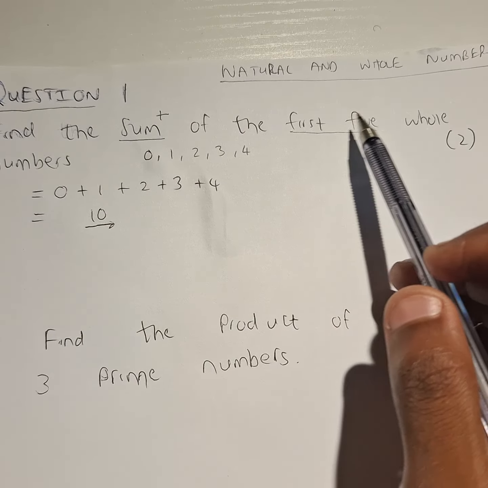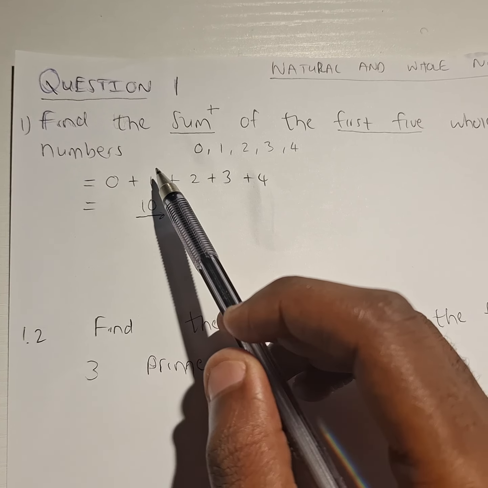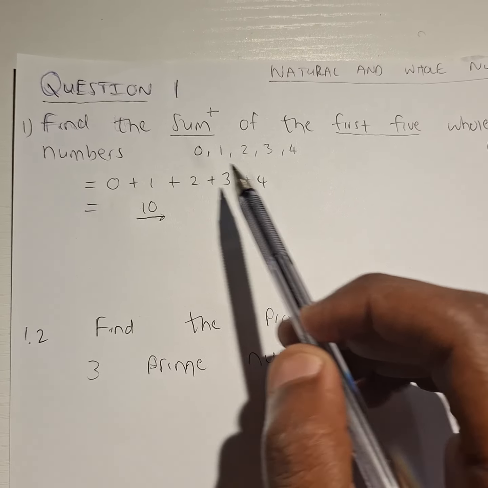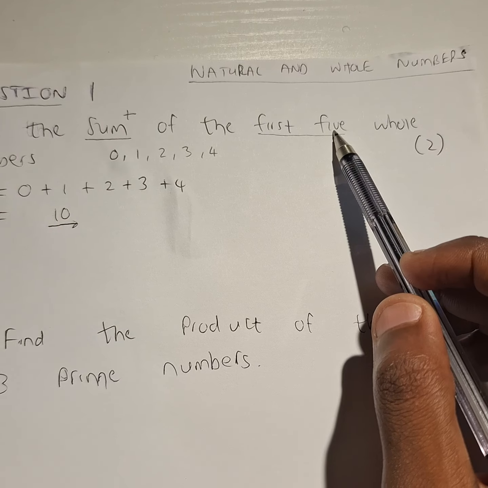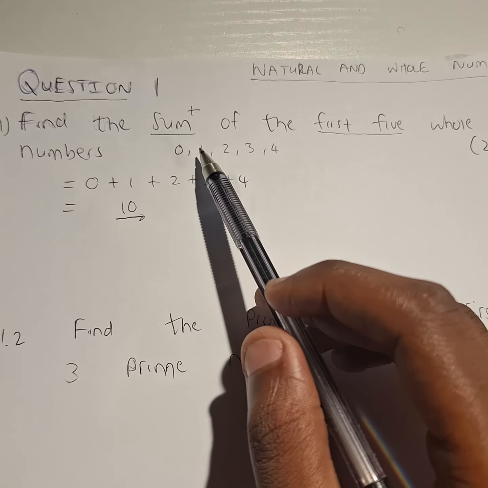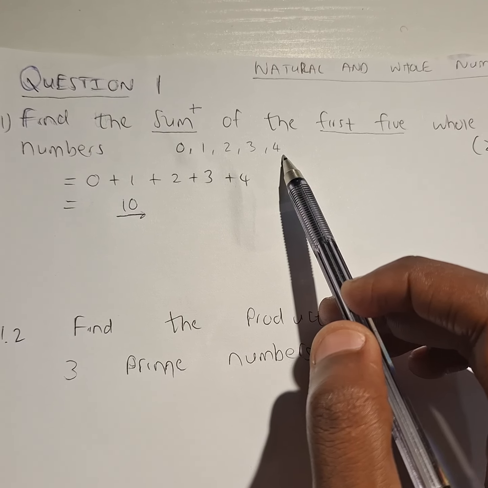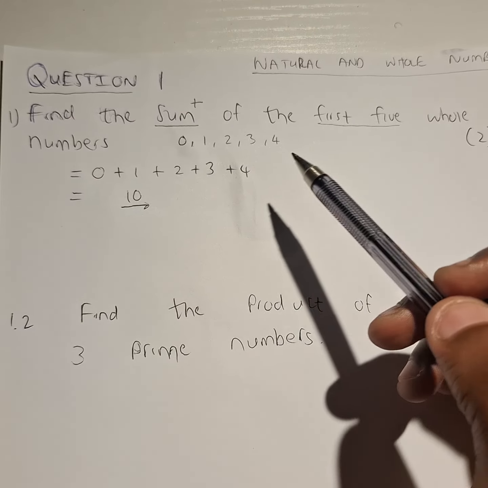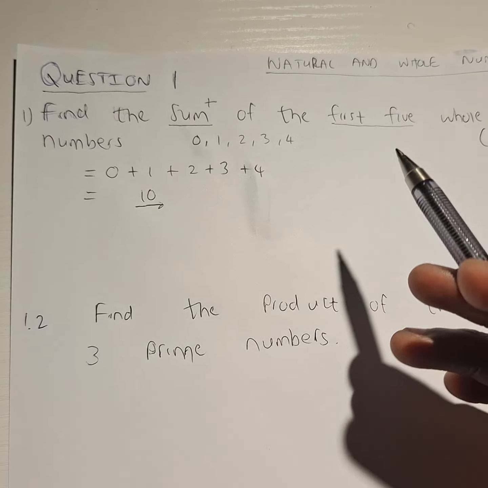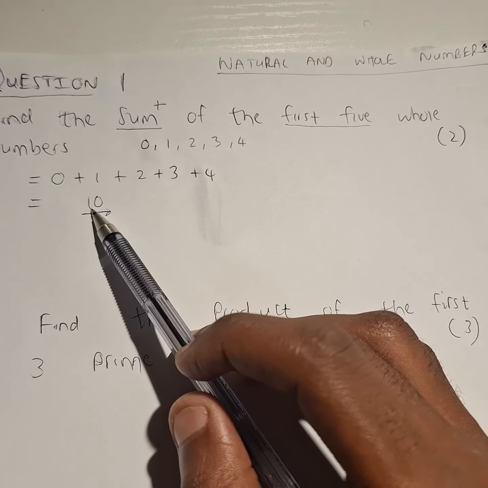And then the first 5 whole numbers, writing down the addition of 1, 2, 3, 4, 5, starting from 0, of course, because those are the first 5 whole numbers. So these are truly the first 5 whole numbers, and that is their sum. The sum is 10. The total of the first 5 whole numbers is 10.